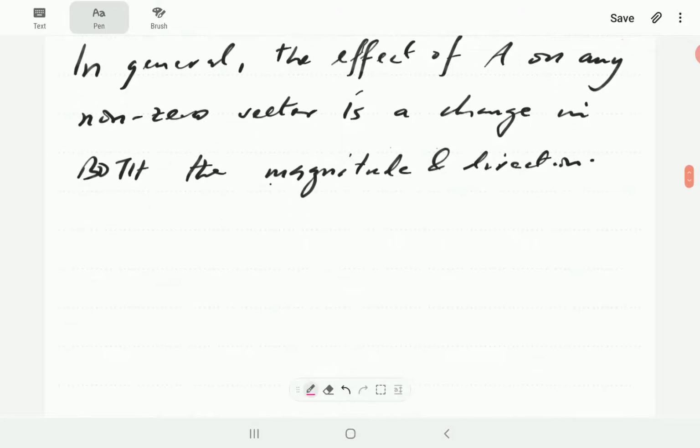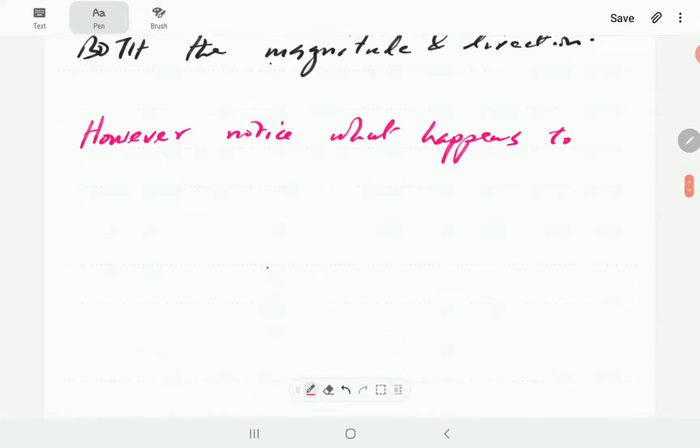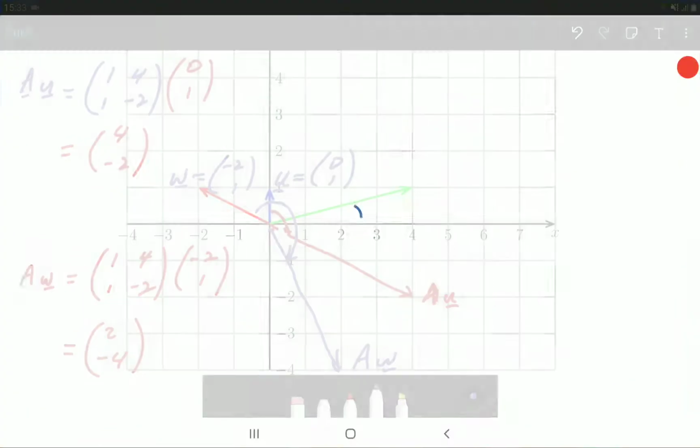Now, however, let's just observe what's going to happen if we transform the vector v. Imagine that v is 4, 1. Let's see what happens when you transform this one by that same matrix. So let's go back to our xy grid again.